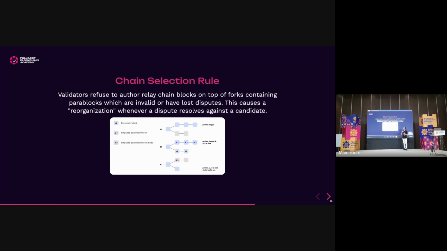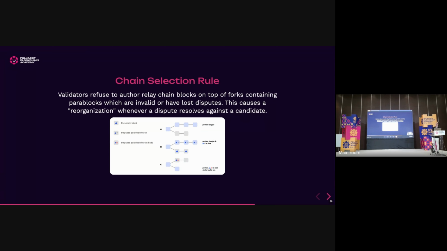Are the candidates already approved or not? And the relay chain block producer will try to build a new relay chain block on a parent that doesn't have any blocks that are currently marked as invalid, that failed in the approval checking process, or are being disputed.